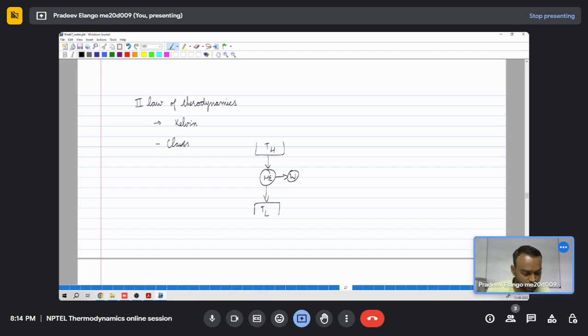When there are two bodies, some Q is transferred in that can be converted to work, but there is another reservoir, a low temperature reservoir, to which the heat is rejected. Because of this, W is always QH minus QL. W cannot be directly QH.